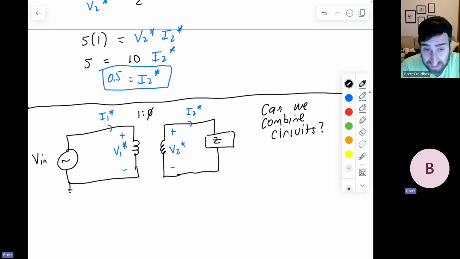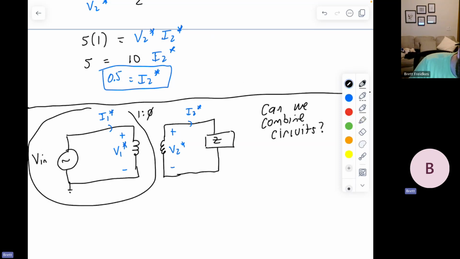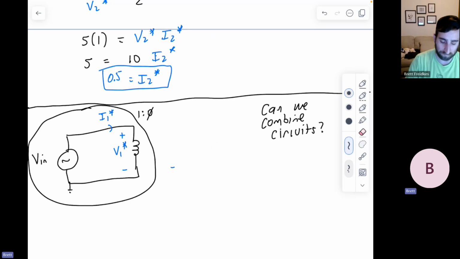So the thing that's really important is that if you were to just look at the left circuit on its own, let's ignore the right circuit. I'm just going to erase it for a second. We'll undo it. I'm just going to erase it. Let's just say it's that.